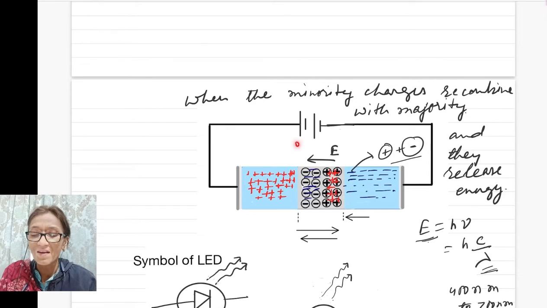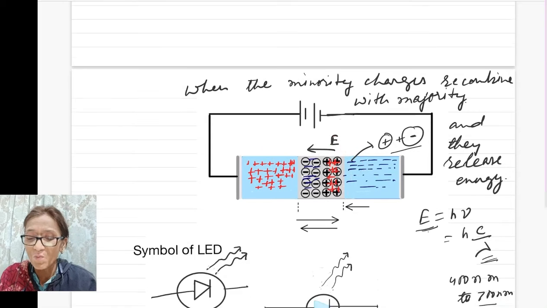So here a battery is connected to build a potential just to oppose this inbuilt potential of the depletion region, so that we can reduce, cancel or overpower this inbuilt electric potential so that the charges can now move.